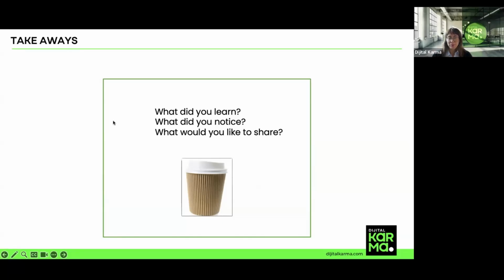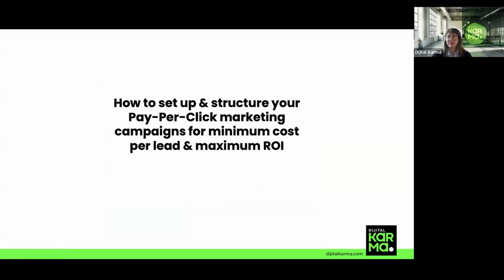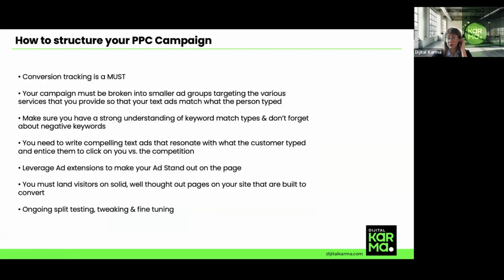Before going into how to structure and set up your PPC campaigns, minimum cost per lead and maximum return on investment, first of all, we need to know the metrics. What are the metrics? How much did we spend? How many leads did we generate? How many of those turned into booked jobs? And ultimately, how much revenue did that bring in?